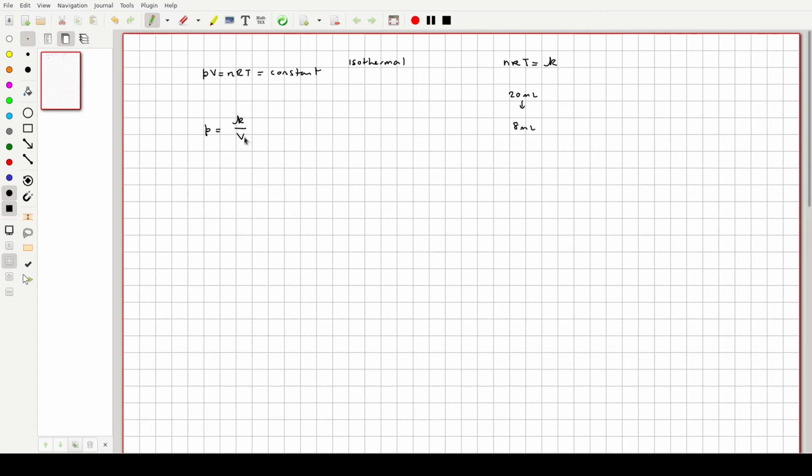So your volume is decreasing and your pressure as a consequence is increasing. Were you to plot that, you would see something that looks a little bit like this. So this is the inverse relationship between P and V.